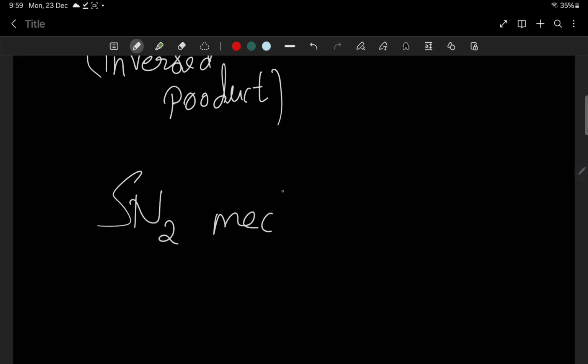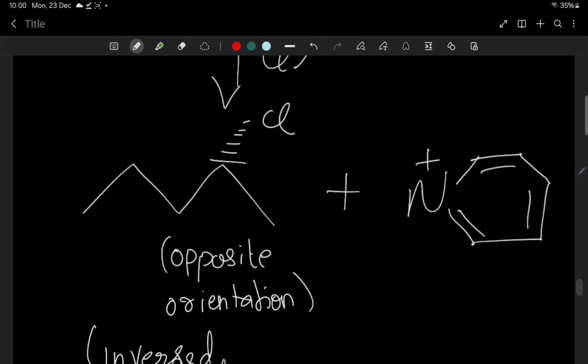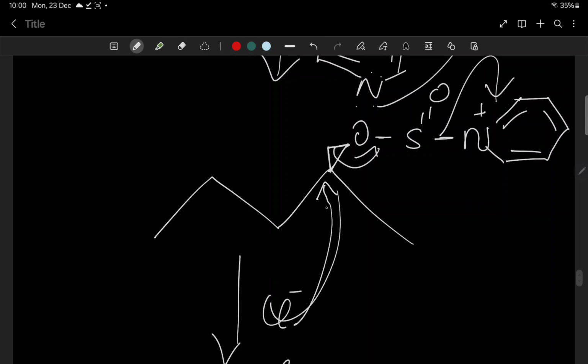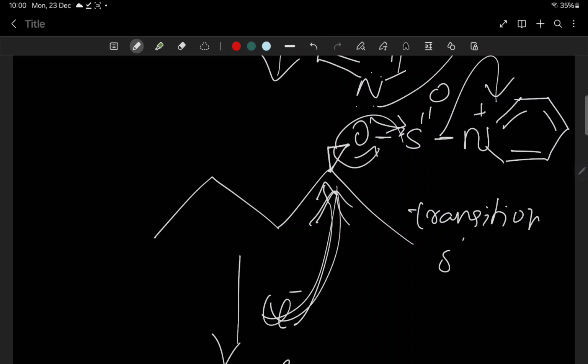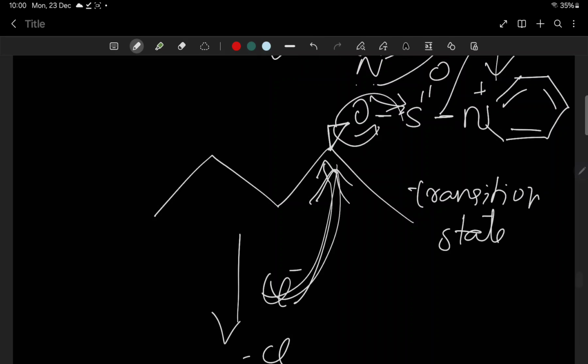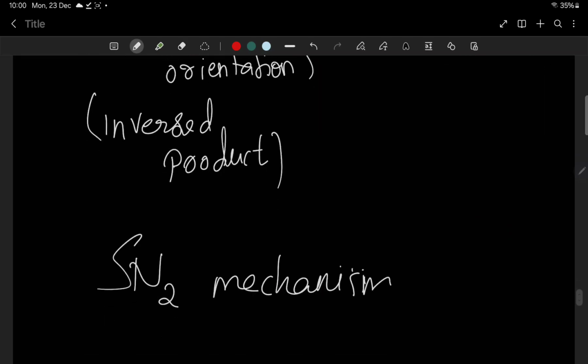SN2 mechanism. It has a transition state. Look, something is going in here, something is going out here. This is called the transition state. So this is an SN2 reaction. The above one was an SNi, internal return.